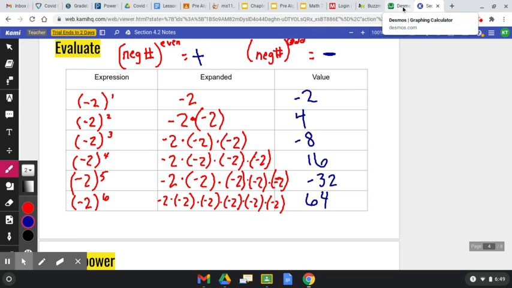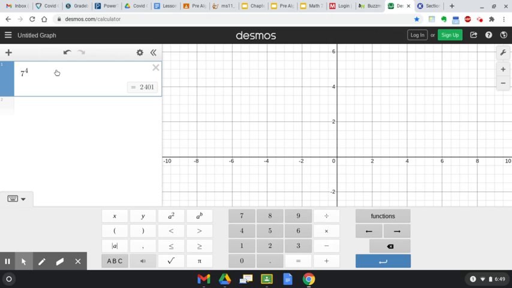But sometimes we just go and we rely on our calculator and we type it in. Let's say that I want to figure out negative 2 raised to the second power, right? And look what my calculator tells me. It tells me -4, right? So we know that that's not true, but we have to figure out why my calculator is telling me that. And it goes back to the order of operations, right?